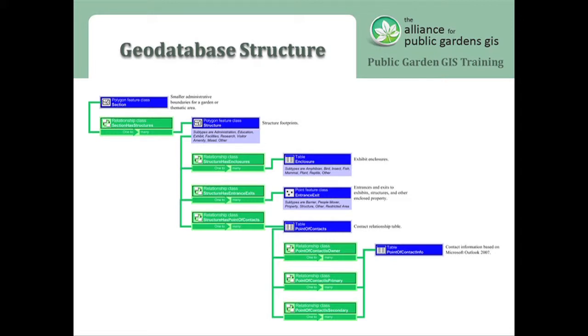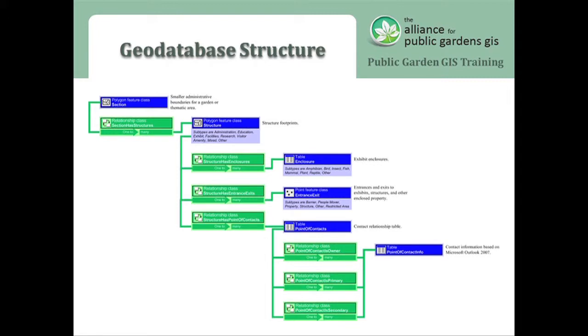Each one of these structures then has more relationships. In this case we have structure has enclosures as the next relationship under it. That means that a structure may have one or many or none animal enclosures associated with it.